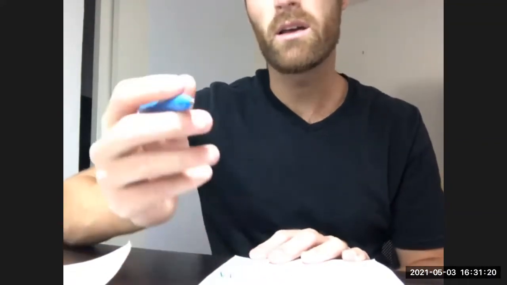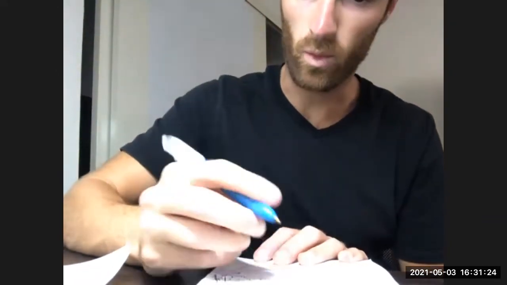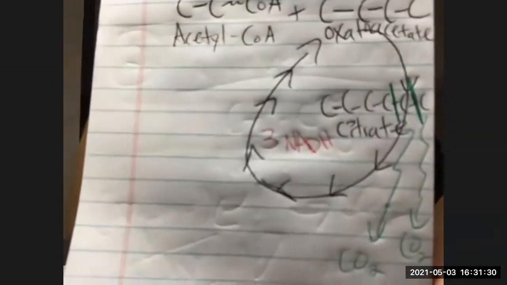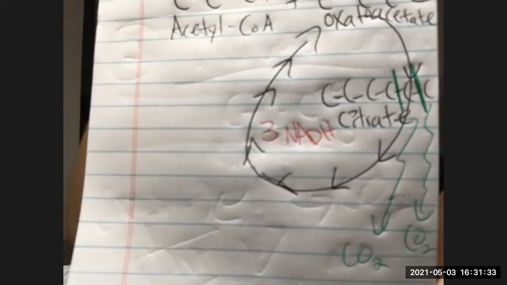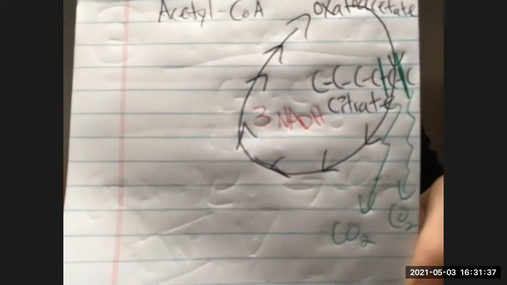And so we're going to get 3 NADHs out of one turn of the Krebs cycle. So 3 NAD pluses are reduced to NADH.